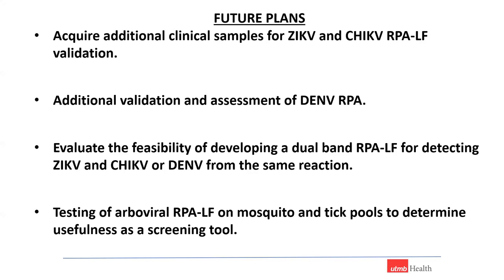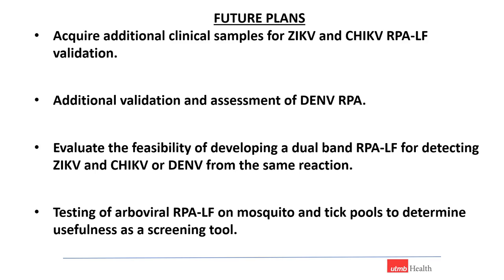Future plans, as I just stated: clinical samples are the main thing that's slowing down the CHIC and the Zika RPA validations. That's the only thing left to do, to run 20 to 40 clinical samples, and I can send that out for publication.